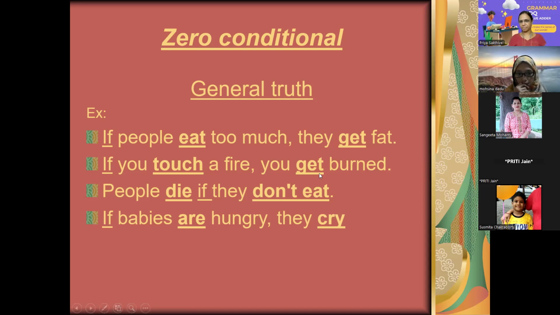Actually, Priya, you can also say 'you burn', but I have used 'burned' as an adjective, so that's why I have to put one verb that is called get. Get is one of my favorite verbs, so mostly I use this type of verb.